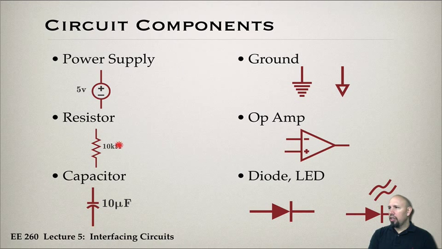There are different values for resistors, and if you look at the actual component resistors, there's a color code, and you can read the value of the resistor off that color code. Okay, so 10 kilo ohms is an example of a resistor that we would be using.